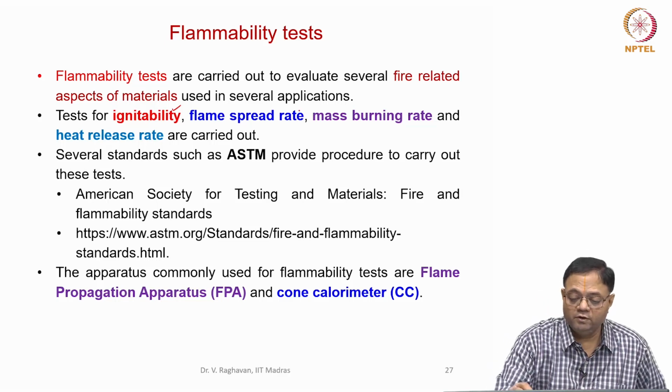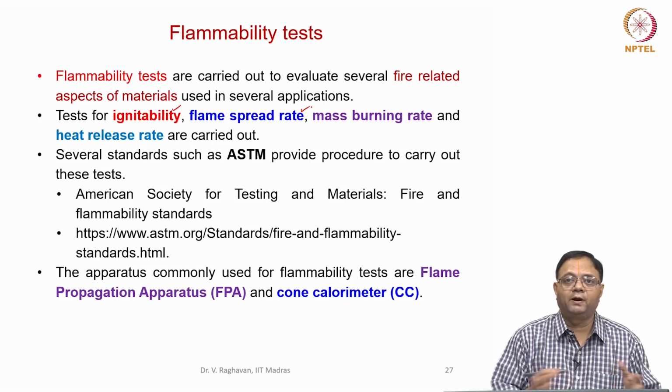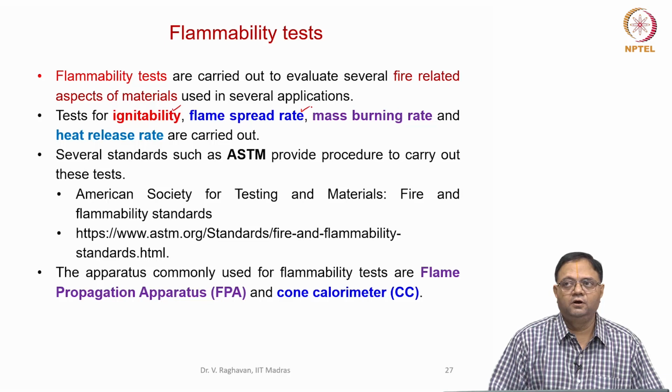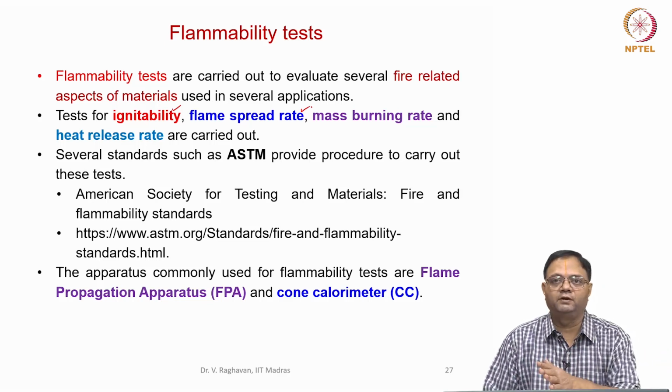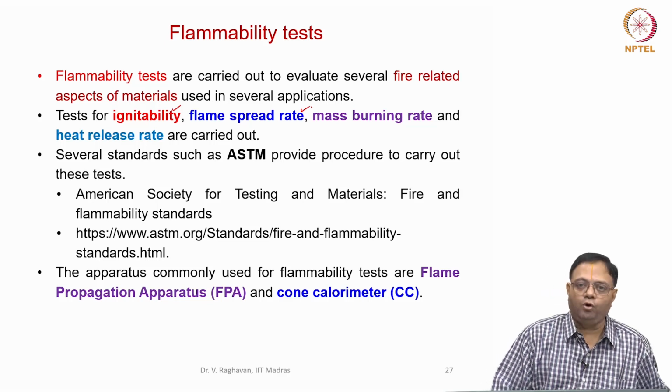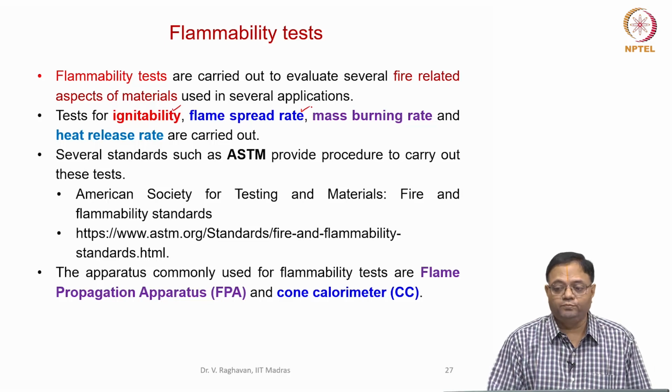The second one is flame spread rate: how fast the flame can spread after ignition occurs. Ignition can occur in one corner, and how fast the flame can spread is a hazard for us. So, that is also quantified by the flammability tests. Then mass burning rate.